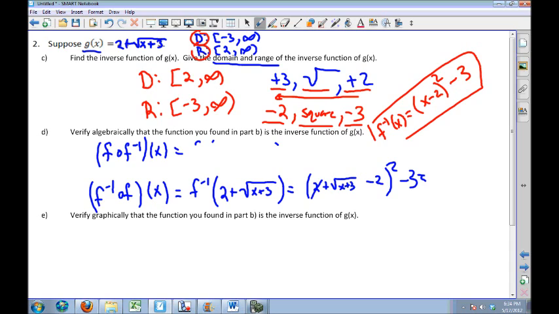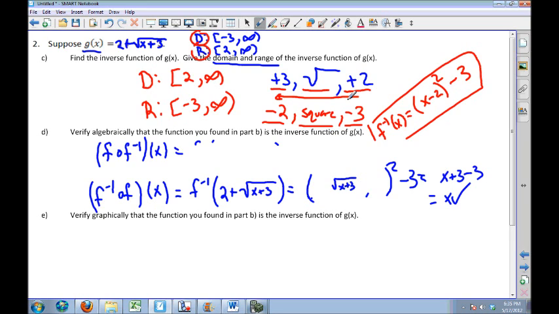Well, the 2's here cancel out. When they cancel out, I'm left with x plus 3 square rooted squared. Well, those will undo each other, and I'm left with x plus 3 minus 3, which reduces to x. So this verification also works.